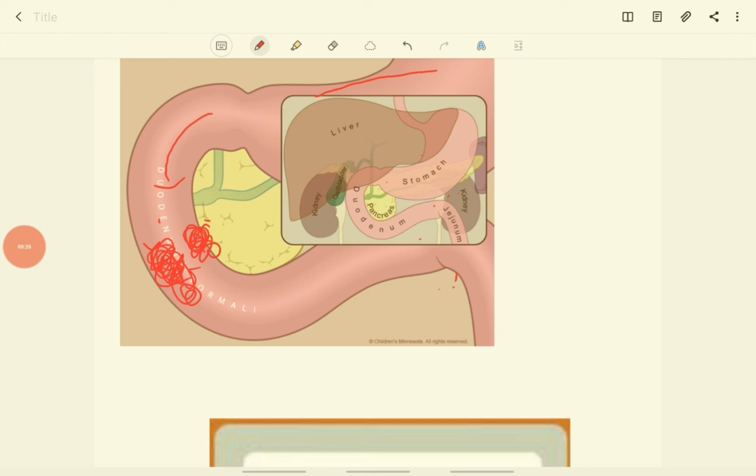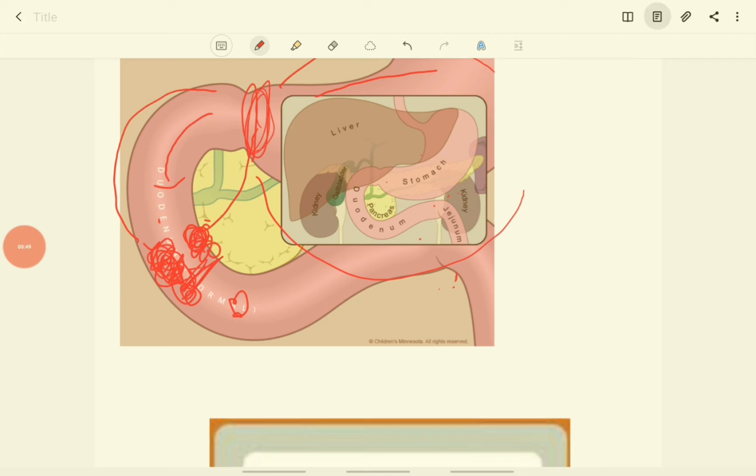So this area will get dilated along with this one, since this portion is narrowed due to the pyloric sphincter, and the distal portion of the duodenum does not have any problem.